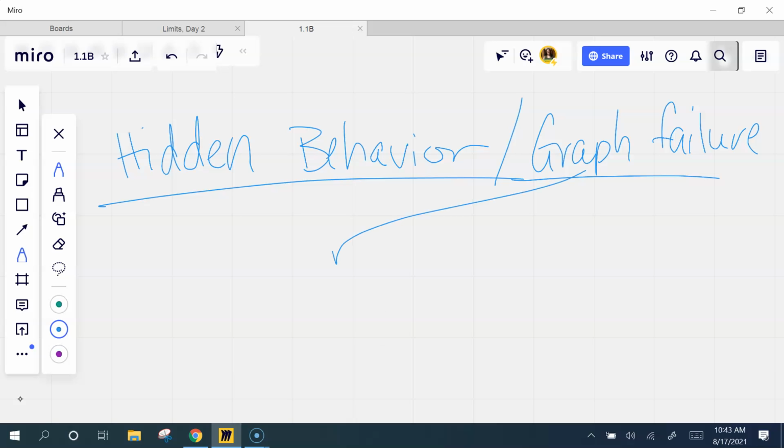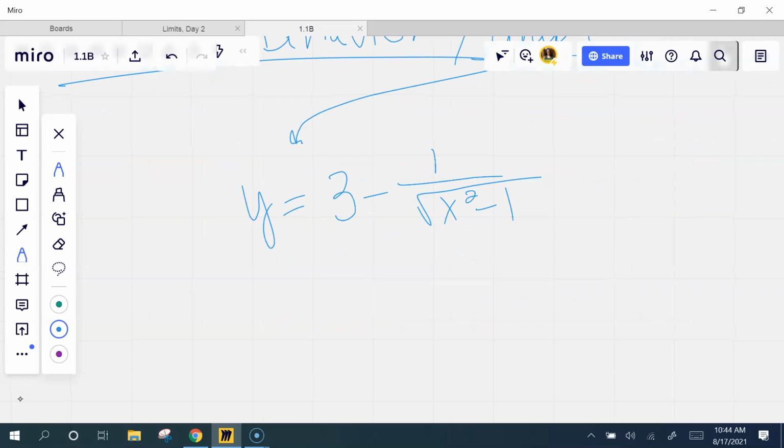Let's look at the failure part first. What happens when your calculator doesn't know what it's talking about? Before you graph this on your calculator, I want you to find the zeros algebraically.